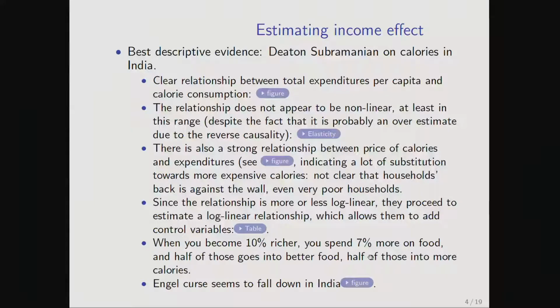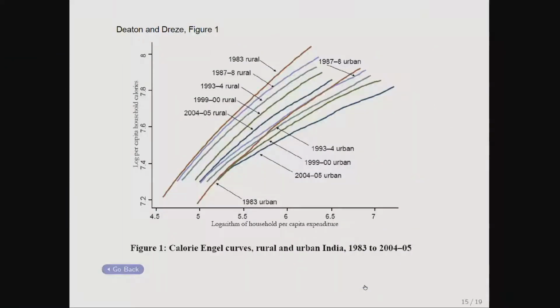Over time, in India, they do the same thing with a linear relationship, and they make the argument that I made. And then, very interestingly, in another paper they use a bunch of NSS surveys, that's Deaton and Dreze, to look at what happened to this relationship over time.